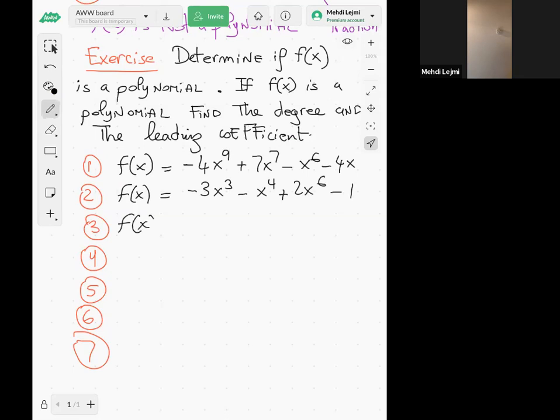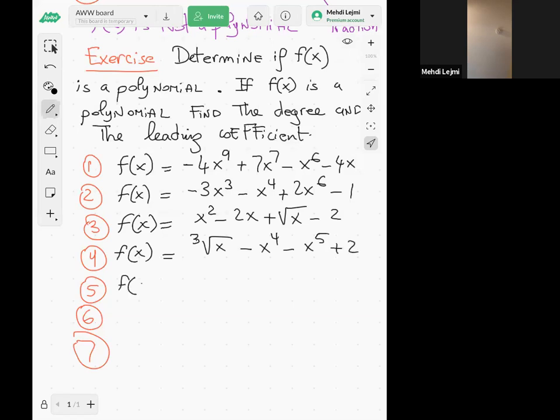F of x is x squared minus 2x plus square root of x minus 2. F of x is, let's say, third root of x minus x to the power 4 minus x to the 5 plus 2.